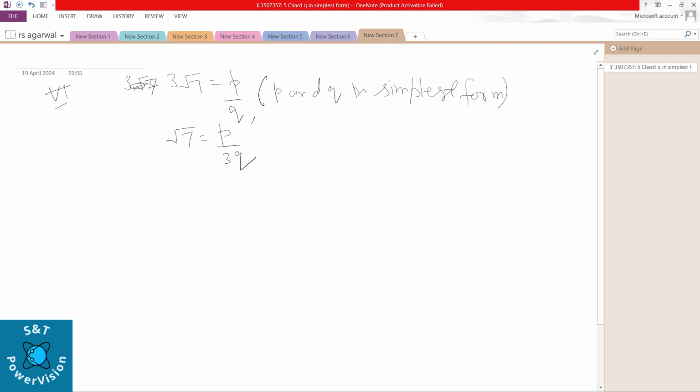Since p by 3q is a rational form, root 7 is also. But root 7 is an irrational number, so 3 plus root 7 is an irrational number.